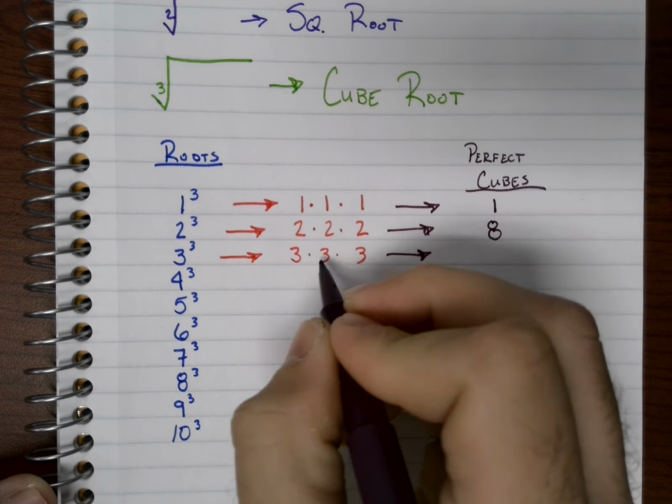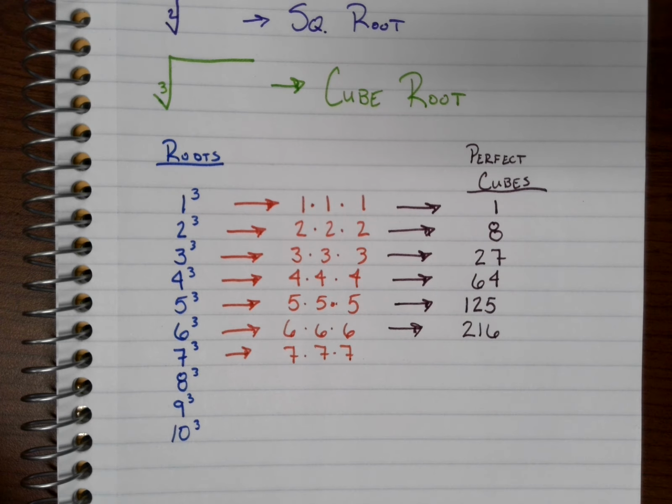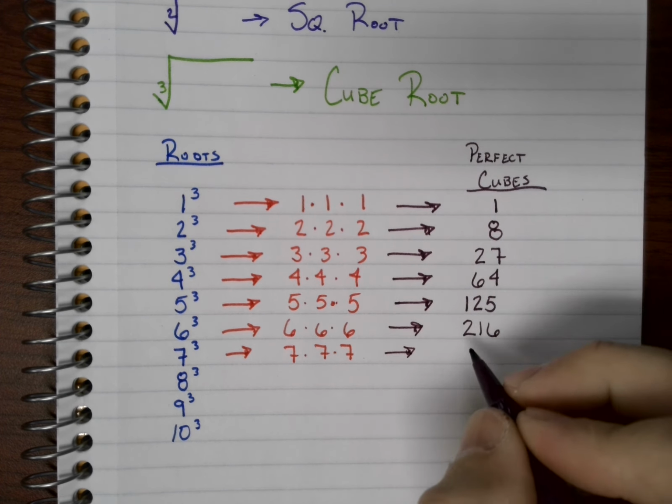Our next one, 7 times 7 times 7. 7 times 7 is 49. And 49 times 7 is 343. Our next one, 8 times 8 times 8. 8 times 8 is 64. And 64 times 8 is 512.